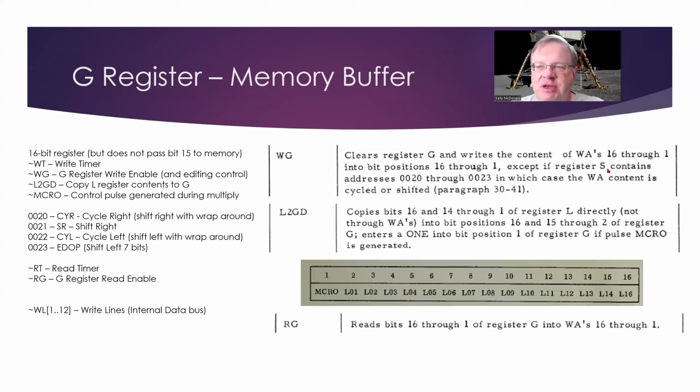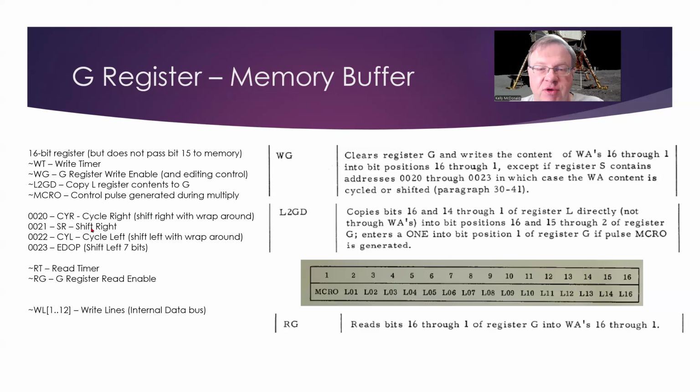Except if the S register contains addresses octal 0020 through 0023, in which case it basically won't load the data directly into the G register. It'll either do a cycle right, which is a shift right with wraparound, so the bit gets pushed off one end and comes back the other end.